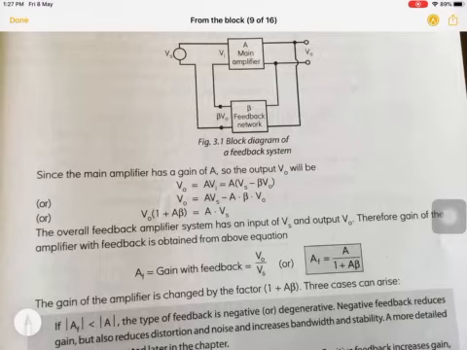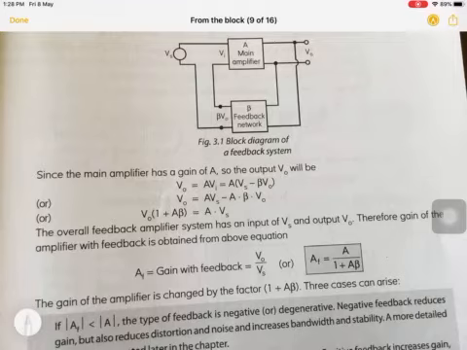In general, whenever we apply negative feedback, some quantities change, for example input impedance, output impedance, bandwidth, and gain. The common thing in all these parameters is that the amount of change is fixed by 1 upon 1 plus A beta.